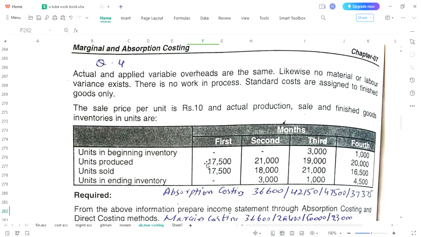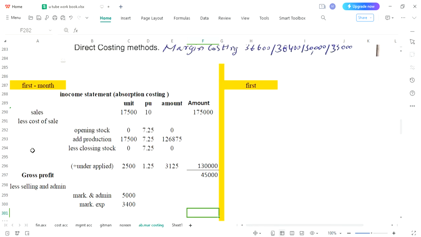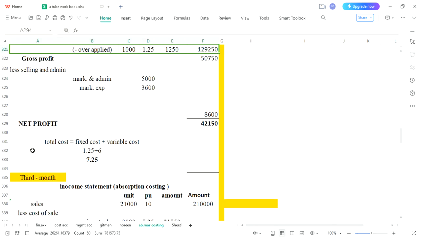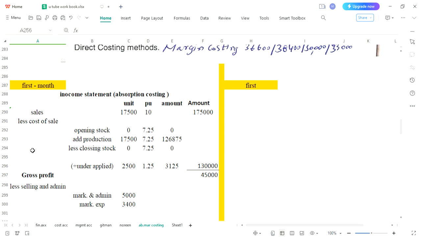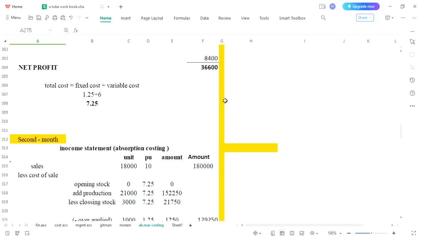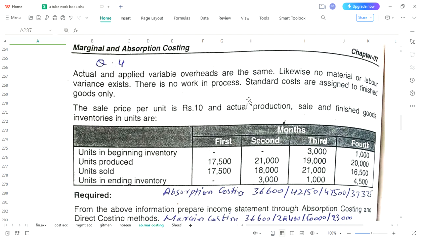First answer was 36600, and you can see this is your first month, and we have got our answer 36600. This was your first answer. Second 42150.